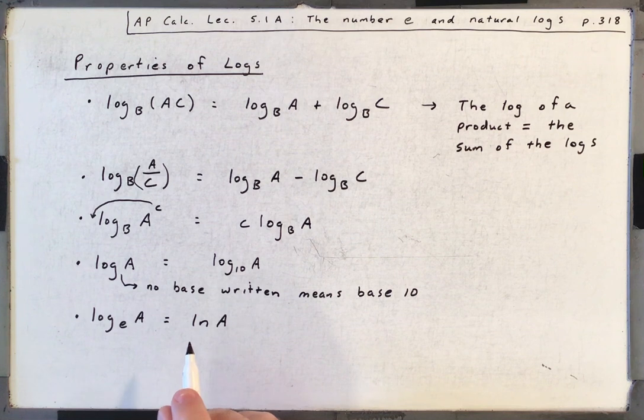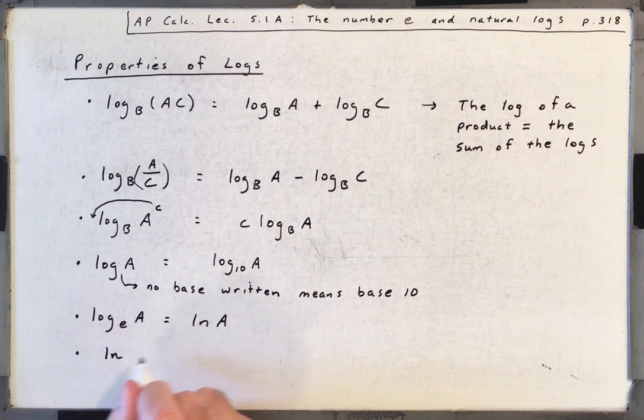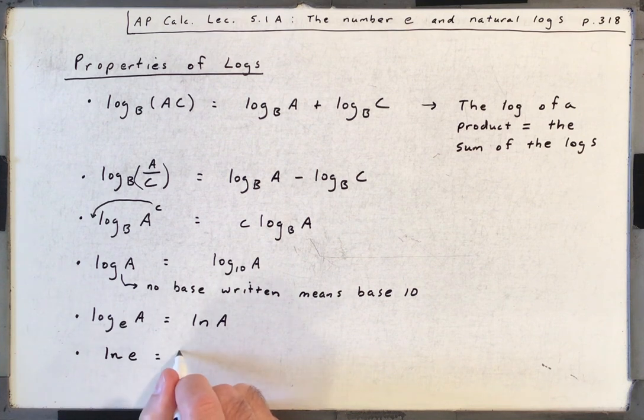So let's talk about some of the properties of the natural log. If you have natural log of e, that is equal to 1.